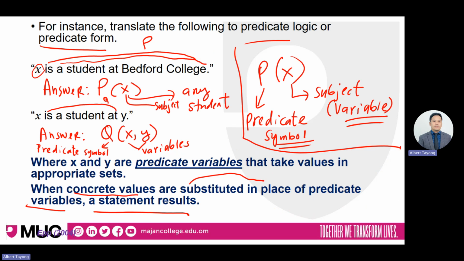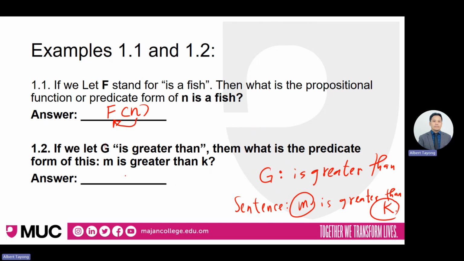Same here. X is a student at Y. So we'll start with the subject, M. Then we go out, our predicate. This is our predicate symbol, is greater than, G, comma, K. So that is our answer.